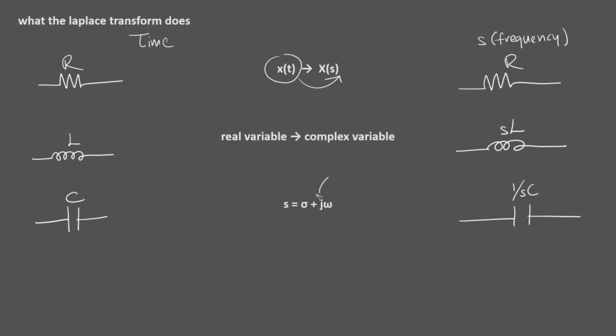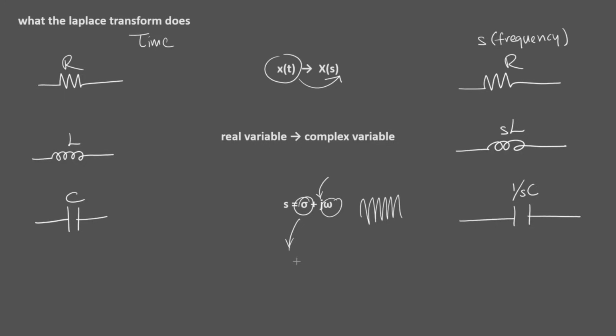J is the complex number for us in EE. So once you see j, guys, we're dealing with complex numbers. This omega now is our angular frequency. So once this angular frequency is here, you know that you're dealing with things that are oscillating. All right, sine functions are oscillatory, cos functions are oscillatory. Now this sigma is the real part.